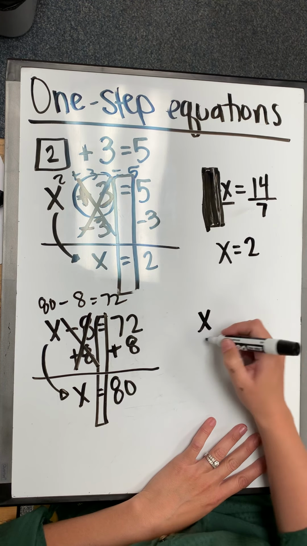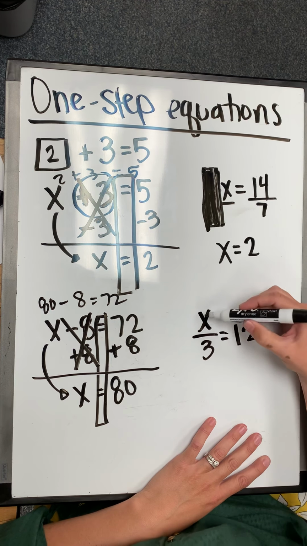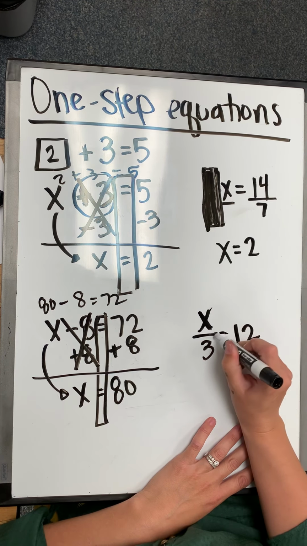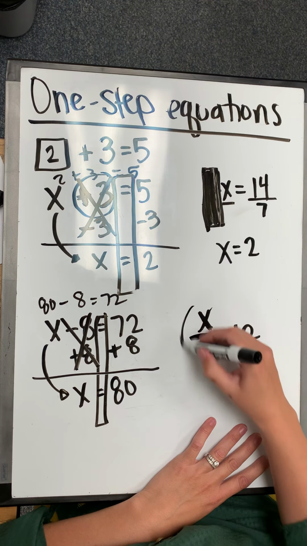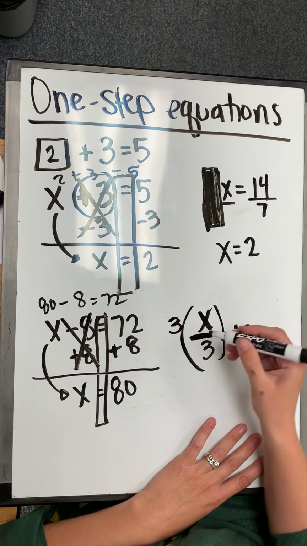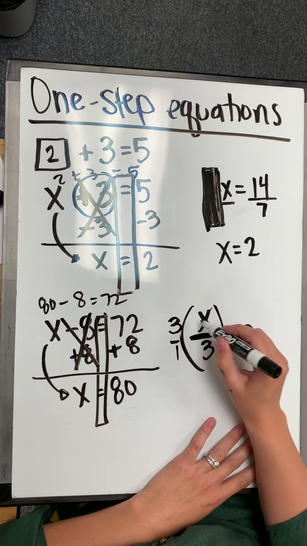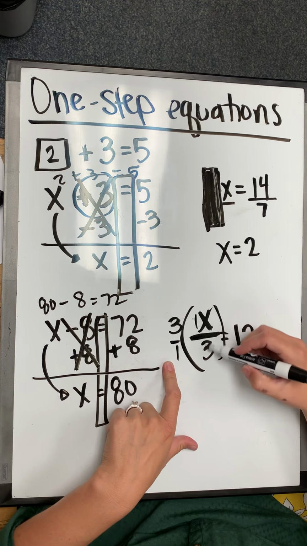When you see an equation like this, you'll notice that your variable is already being divided. So opposite of divide is to multiply. And I want to show you guys something. So really what's happening is we have two fractions here. We have 3 over 1, and then we have 1 over 3.